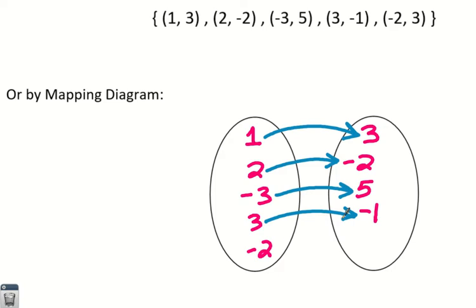And -2 maps to this 3 also. Okay, so this would be a mapping diagram you could draw for this relation. Just the x's over here, the y's over here with arrows connecting which ones go together.